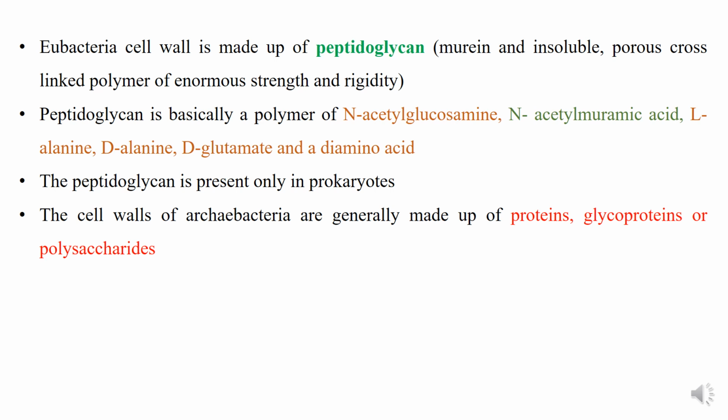That peptidoglycan is basically a polymer of different amino acids and sugars like N-acetylglucosamine, N-acetylmuramic acid, L-alanine, D-alanine, D-glutamate and diamino acid. This peptidoglycan is present only in prokaryotes but not in eukaryotes. Whereas in archaebacteria, the cell wall is generally made up of proteins, glycoproteins and polysaccharides.